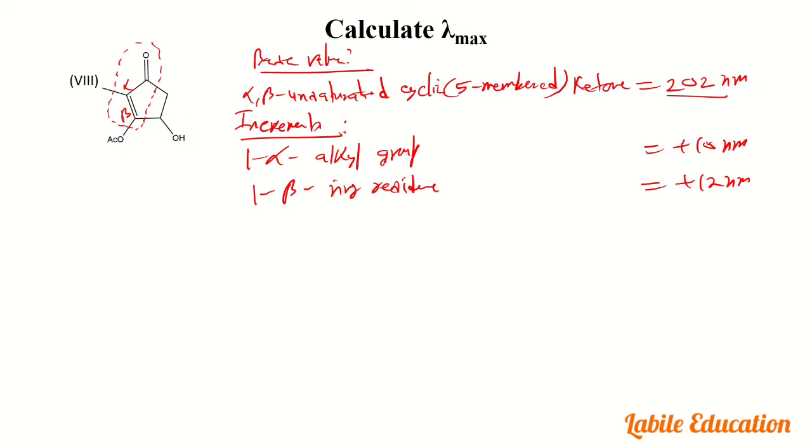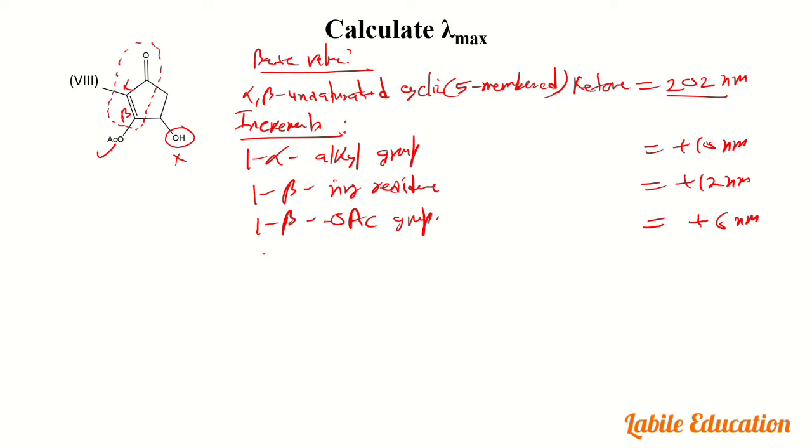And at the beta position, there is one functional group, that is an acetate group. That will contribute the same value at alpha, beta, gamma and delta, that is 6 nanometer. But this is not attached to the conjugated system, so this will not contribute anything.